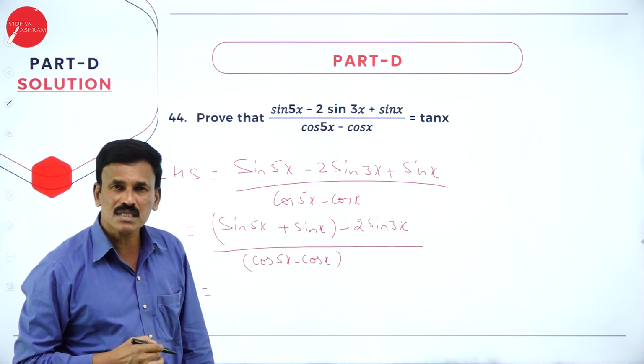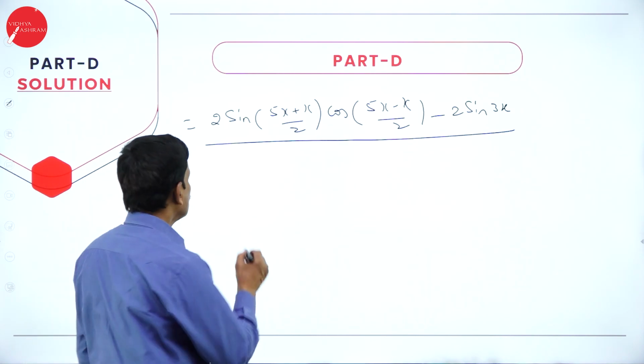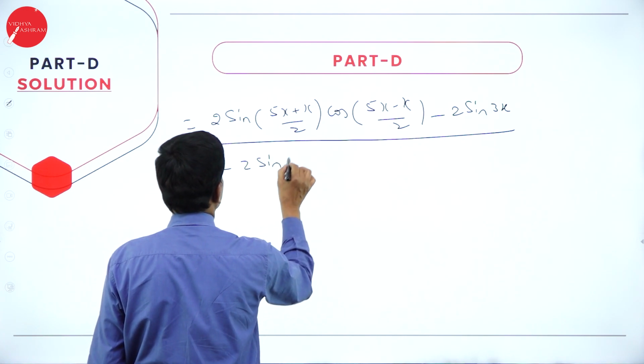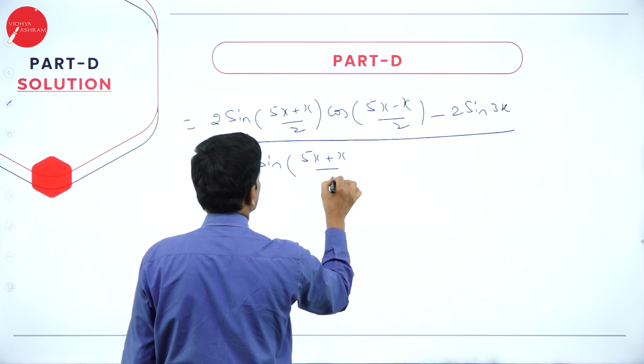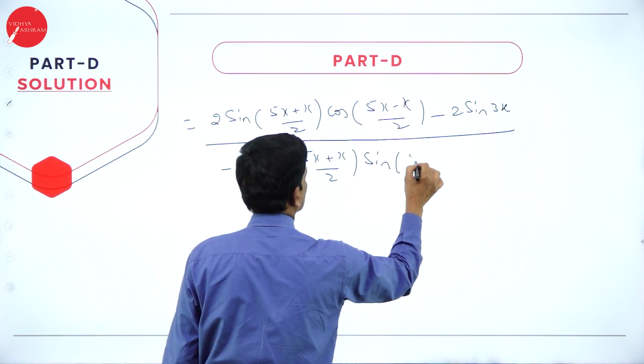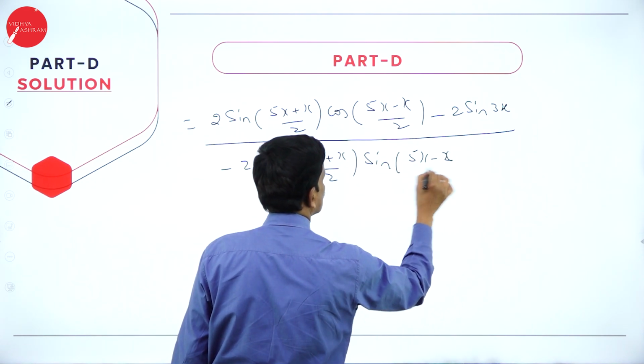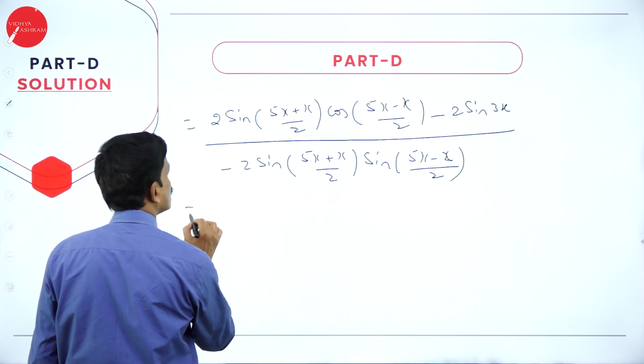What is the formula for cos c minus cos d? It is minus 2 sin((c+d)/2) into sin((c-d)/2). Right.